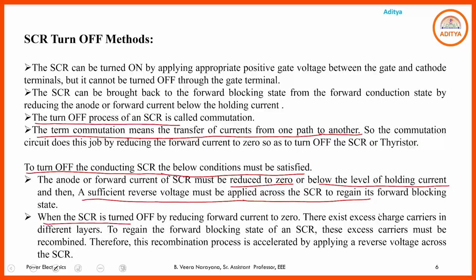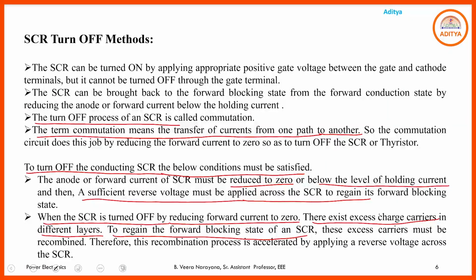When the SCR is turned off by reducing the forward current to 0, even though the current is 0, there exist charge carriers in different layers. To regain the forward blocking state of an SCR, these excess carriers must be recombined. Therefore, the recombination process is accelerated by applying a reverse voltage across the SCR.